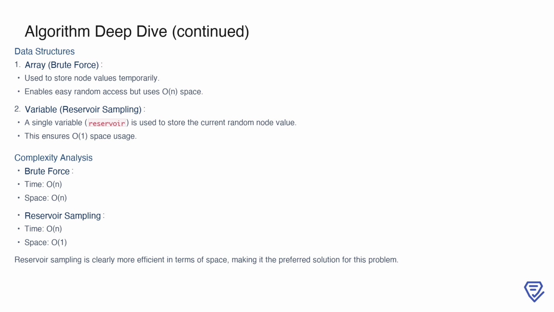In terms of complexity, both approaches have a time complexity of O(n), as they involve a full traversal of the linked list. However, the brute force method has a space complexity of O(n), while reservoir sampling is far more efficient with O(1) space. This makes reservoir sampling the preferred solution for this problem, particularly when working with large linked lists where memory usage is a concern.